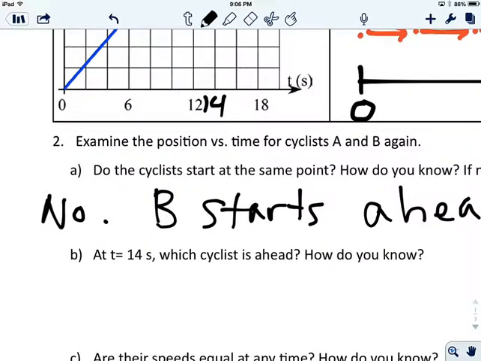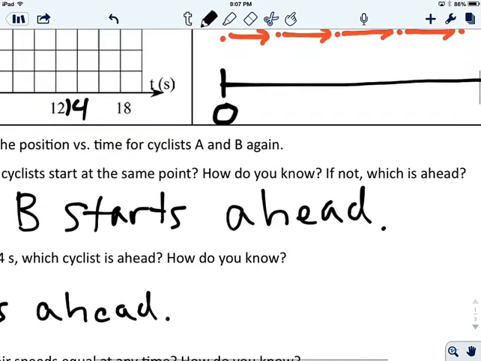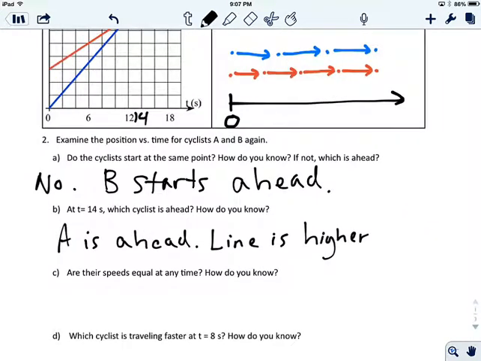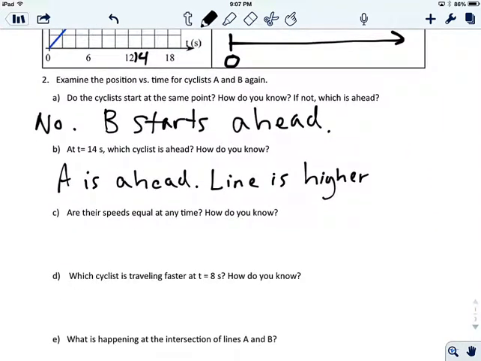So A is ahead. We'll say that the line is higher. Again, sorry, bad handwriting.